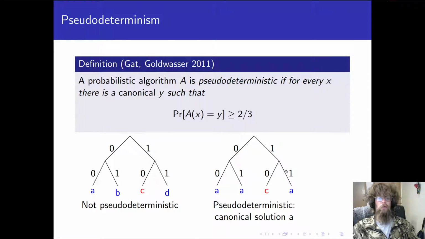This is just a simple diagram where imagine these are the different random strings, and the blue letters are the elements of Sx, the acceptable outputs. This one isn't pseudo-deterministic. It's still a fine algorithm for the problem because you get a good answer 3/4 of the time. But what we're looking for is a pseudo-deterministic algorithm that will always output the same thing.